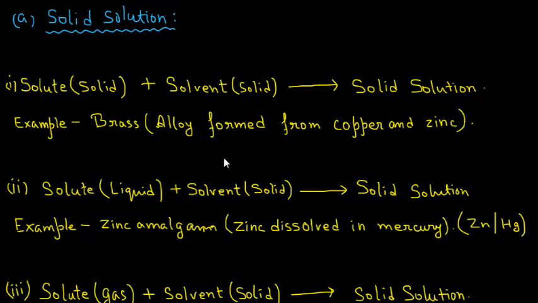The second type of solid solution can be solute is liquid, solvent is solid, and it gives solid solution. Example, zinc amalgam, zinc dissolved in mercury.